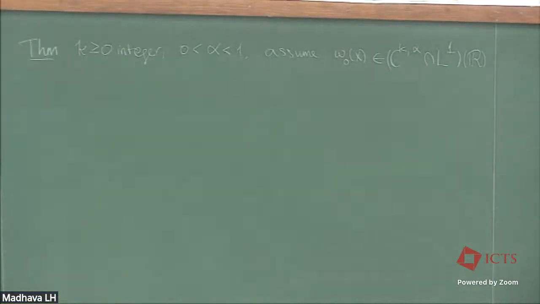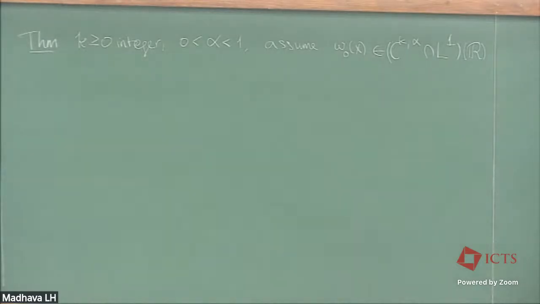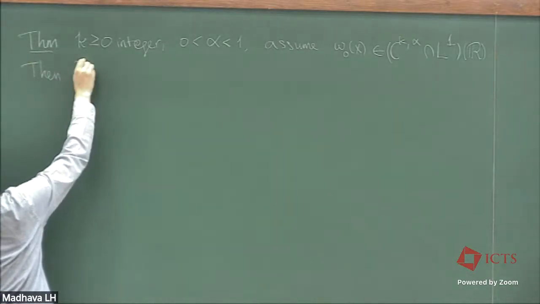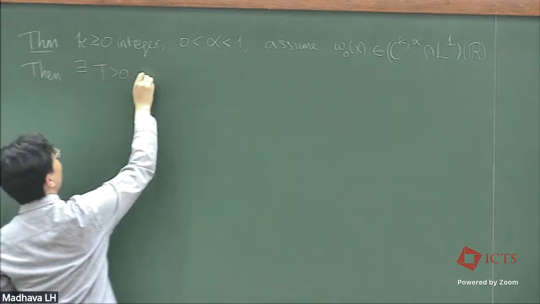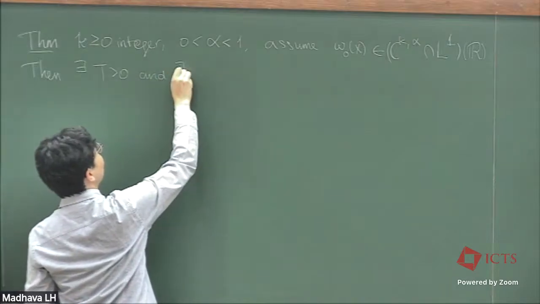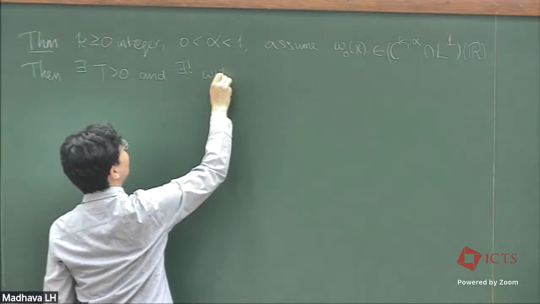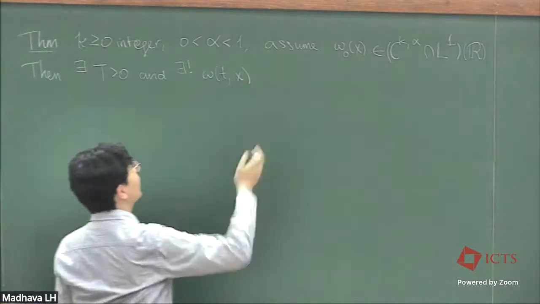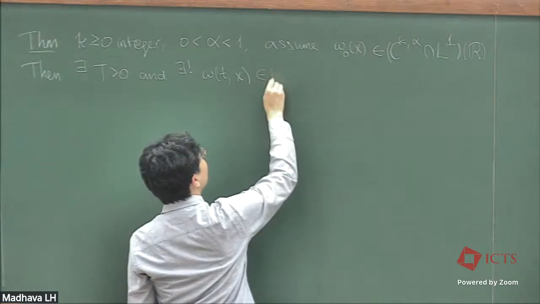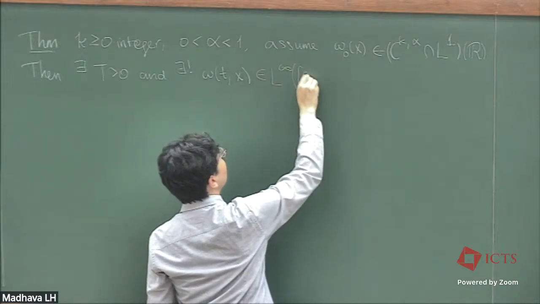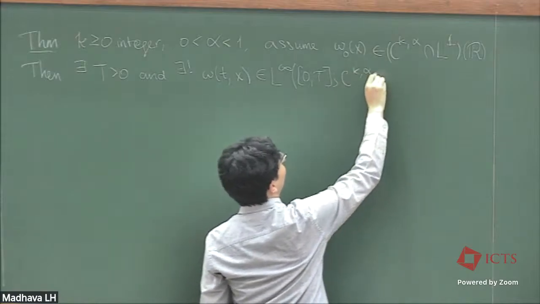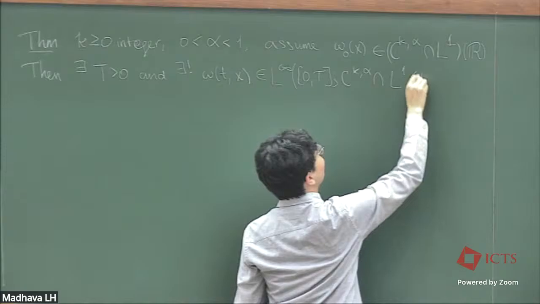I will need it only later when we do the self-similar analysis. Okay, then there exists time and a unique solution, omega t of x, which belongs to the same space, C^{k,alpha}, let me just say like this for simplicity.